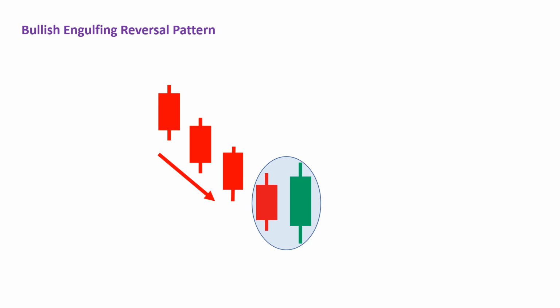The bullish engulfing pattern indicates a shift in market sentiment from bearish to bullish as buyers have taken control of the market. The large size of the second candlestick in the pattern suggests that buyers are driving price higher.